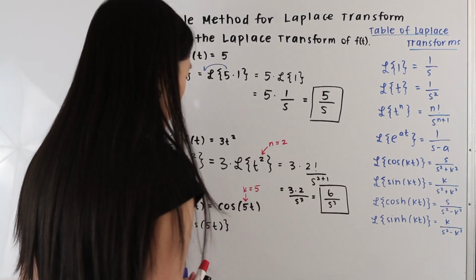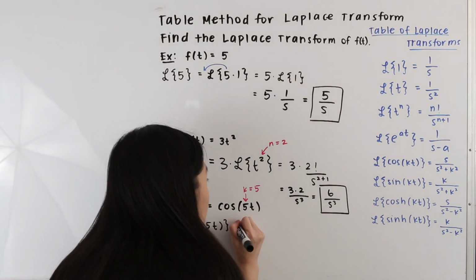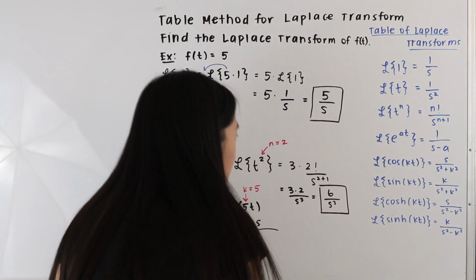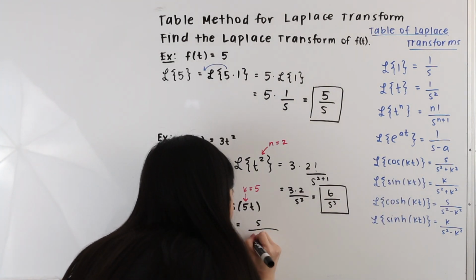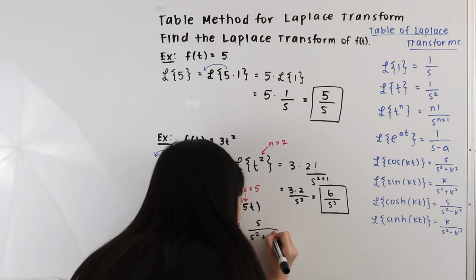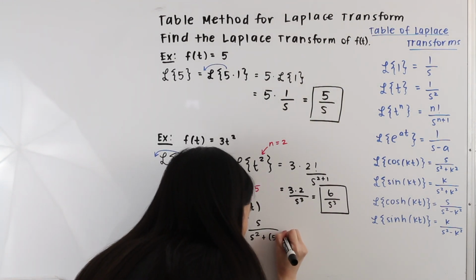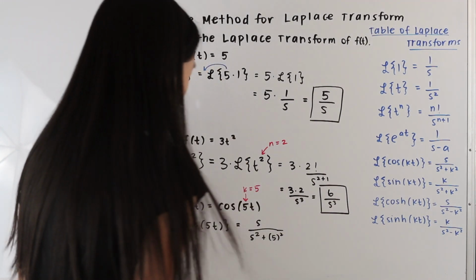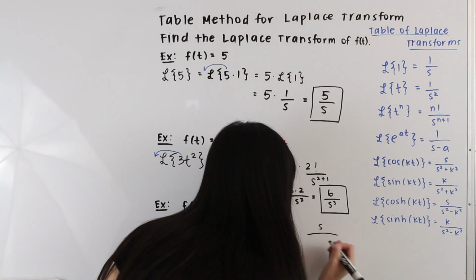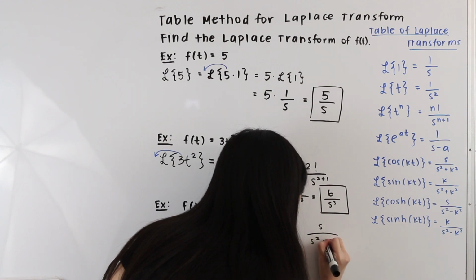So plugging this in, we have s over s squared plus k squared, and so k is equal to 5, so we just have 5 squared. Okay, so simplifying this, we have s over s squared plus 25.